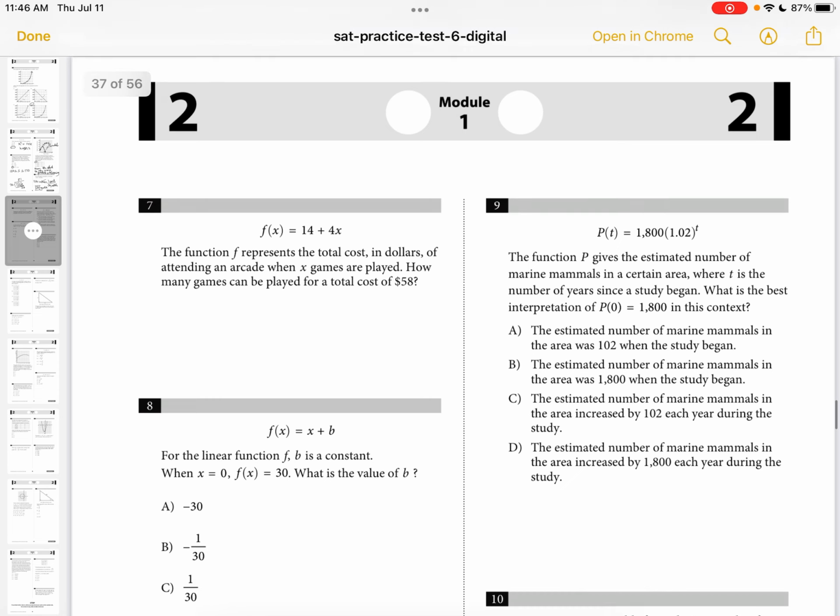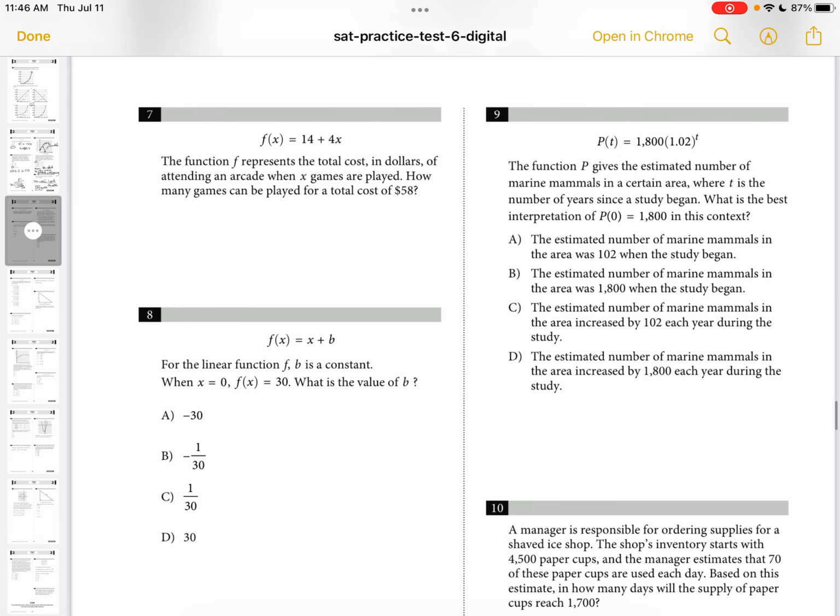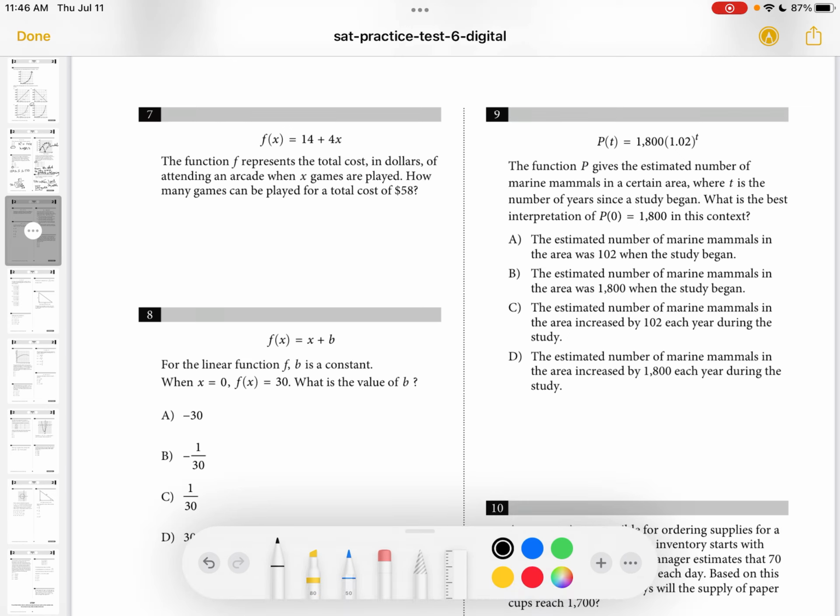Next question. Number 7. The function f represents the total cost in dollars of attending an arcade when x games are played. How many games can be played for a total cost of $58? We spent $58 at the arcade, and we have our function 14 plus 4x.